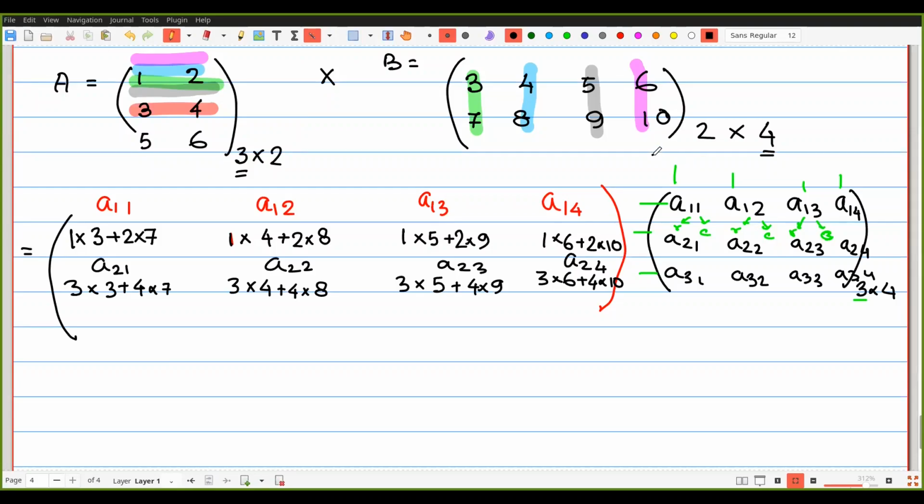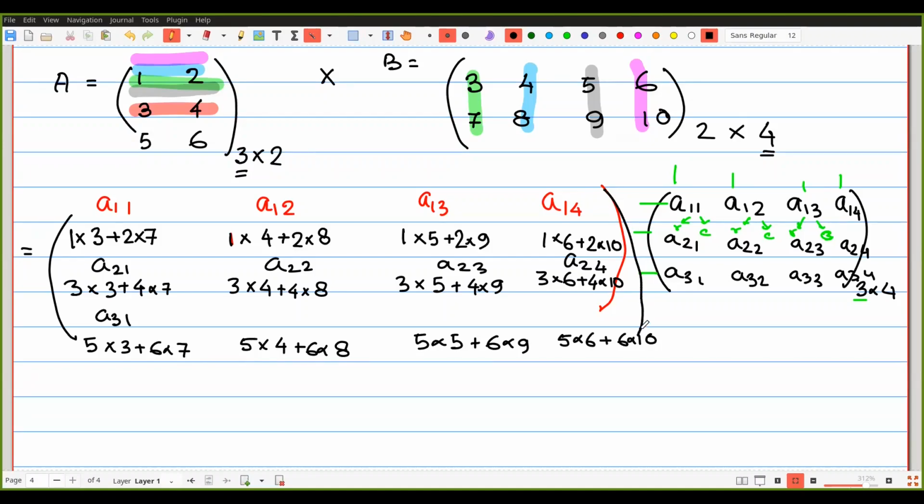The next would be third row, first column. That means 5 cross 3 plus 6 cross 7, then 5 cross 4 plus 6 cross 8, 5 cross 5 plus 6 cross 9, and the last one, 5 cross 6 plus 6 cross 10. So obviously the order of the result is 3 cross 4.